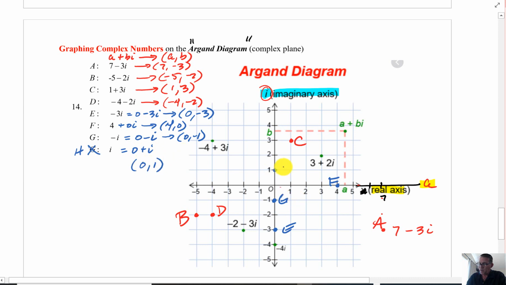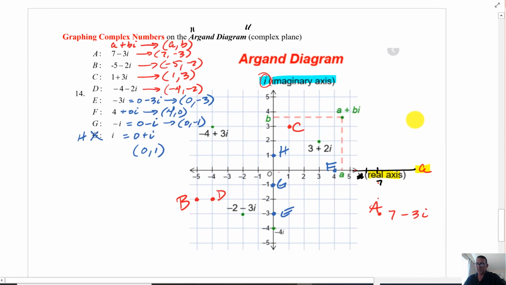You go up 1, and there's where H is. So when you graph complex numbers, it's pretty much the same way as the typical coordinate plane. But instead of the x-axis on the horizontal, you have the real axis, and instead of the y-axis vertically, we have the imaginary axis.